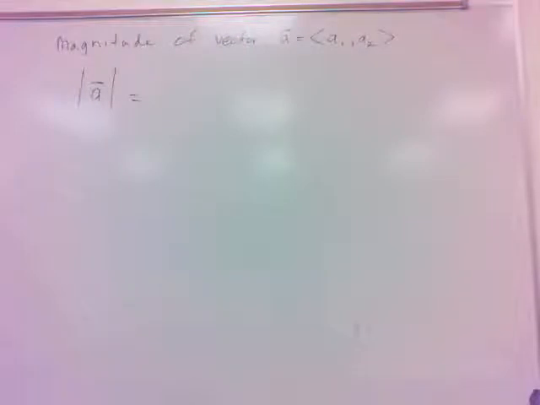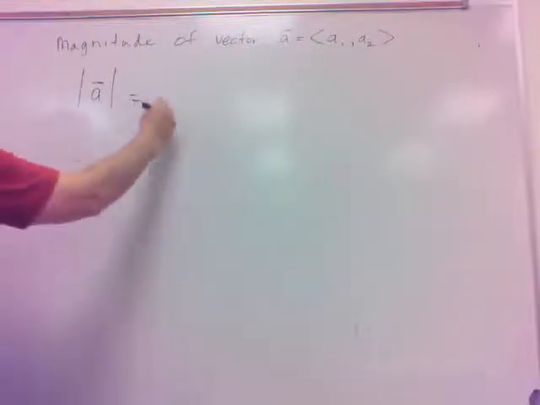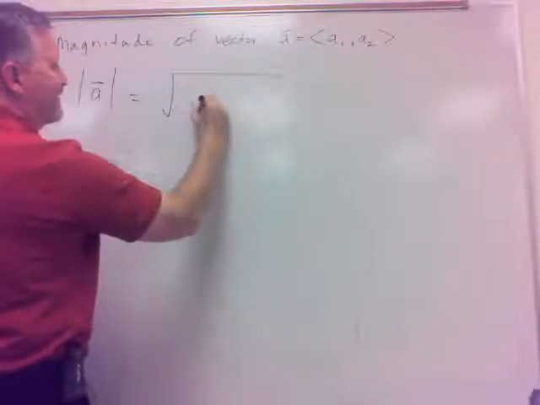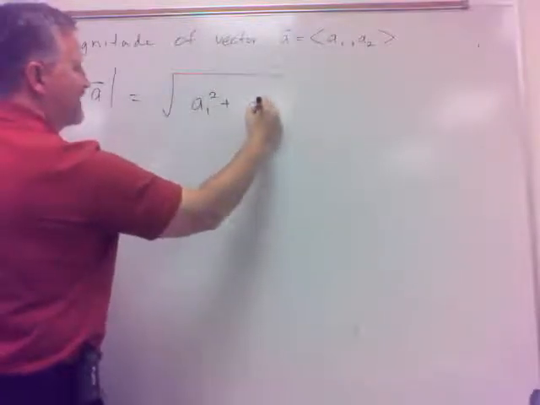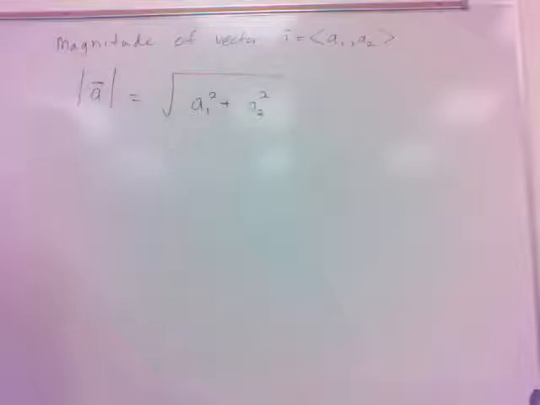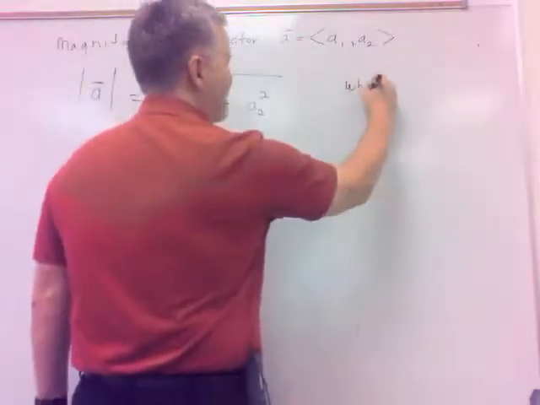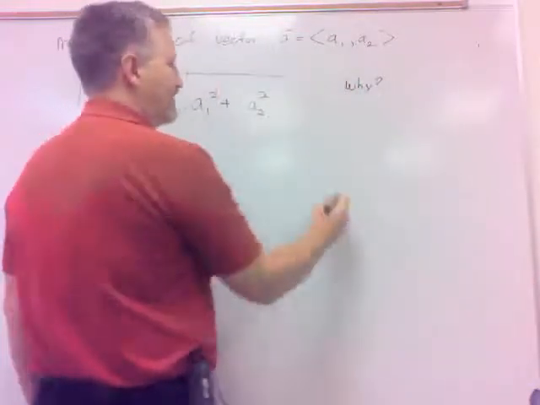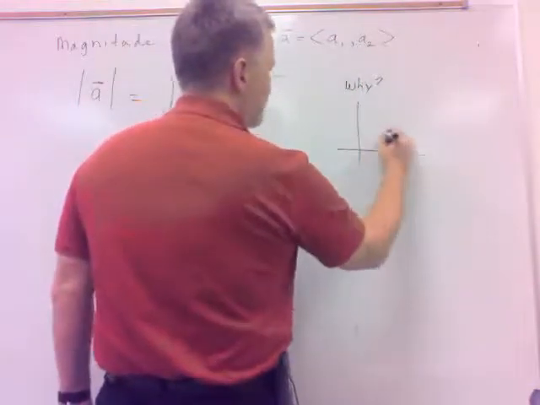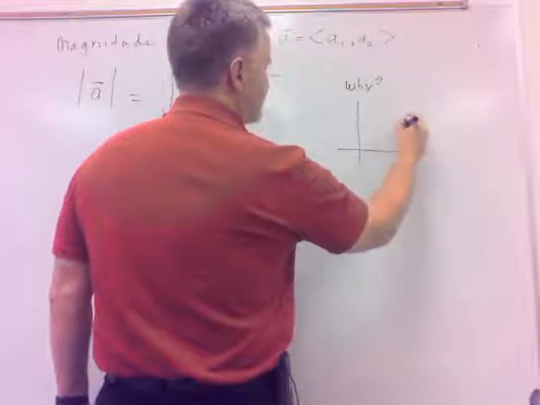So how do I get it? It's the square root of a1 squared plus a2 squared, right? Gives me my magnitude, the length. Why? Pythagorean theorem, yeah. Distance formula, Pythagorean theorem. We're talking about an a1, a2, so here's a1, a2 out here.